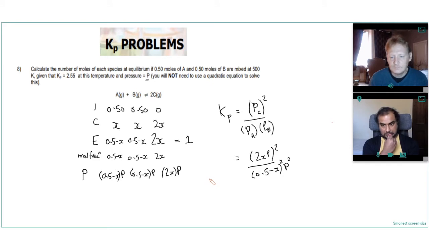Well, they both have a square, and my first guess is there's a P squared in the numerator and denominator, which would cancel out due to equivalent fractions. That's exactly it. That's why they haven't given us a total pressure, because the P squared on top cancels with the P squared on the bottom.